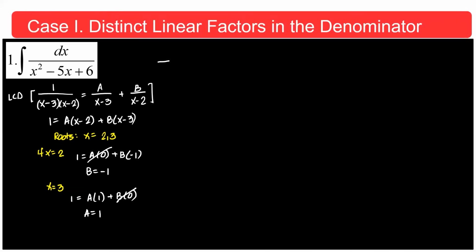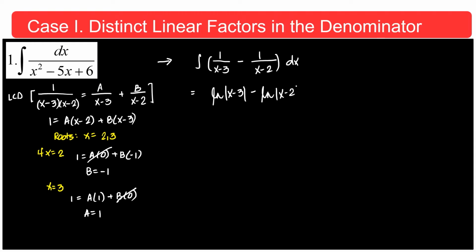So that means this one can be rewritten as A over x minus 3 minus b over x minus 2 dx. So what's the answer? It's going to be ln of x minus 3 minus ln of x minus 2 plus c.